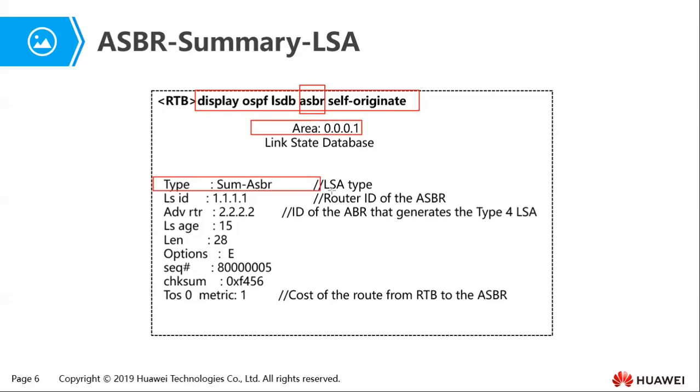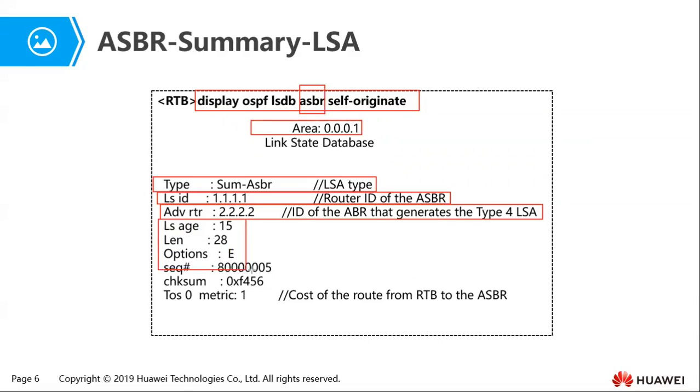You can see the type here is summary ASBR. You can see the link state ID here is used to describe the router ID of the ASBR. Then the advertising router is used to describe the router ID of the ABR that has generated that type 4 LSA.